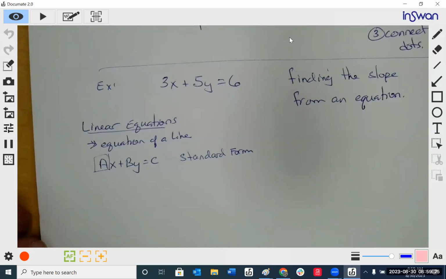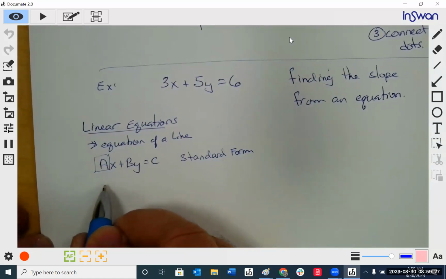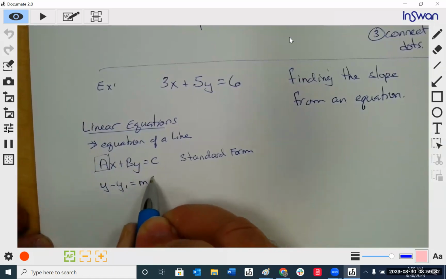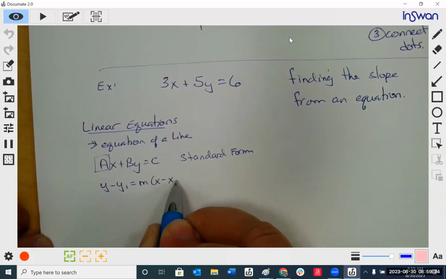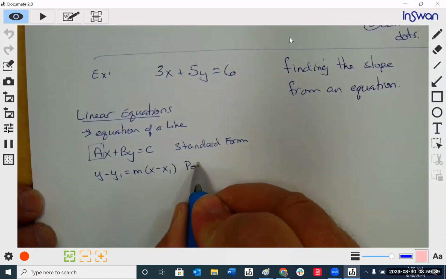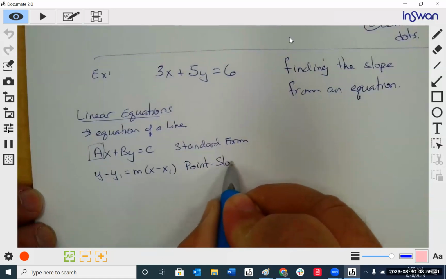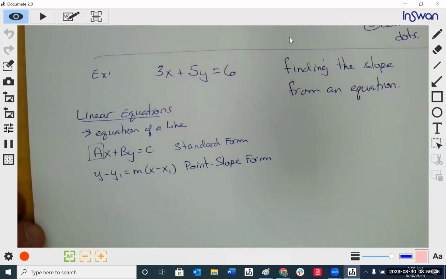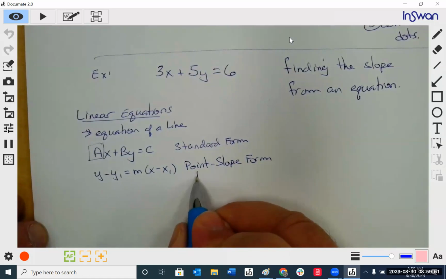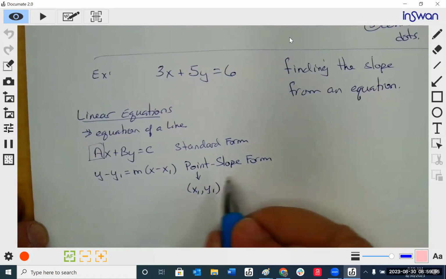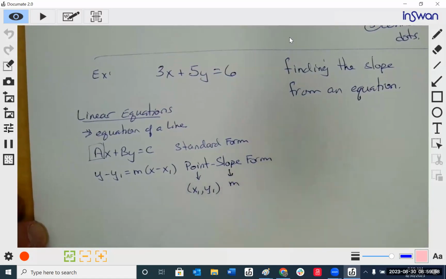That's the first form. We have this next one called the point slope form, where your point is x1, y1, and the slope is m.